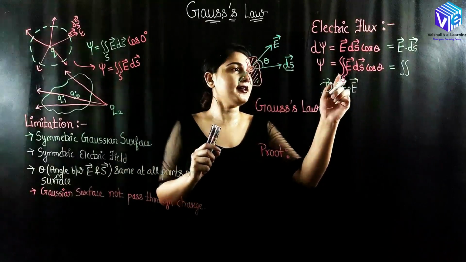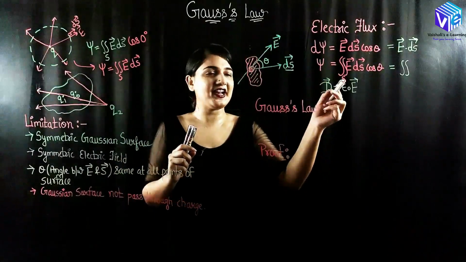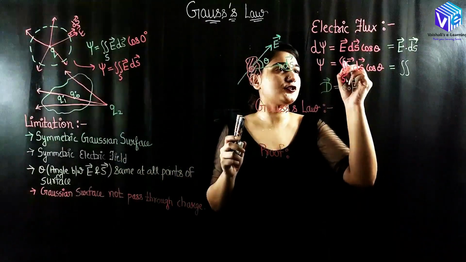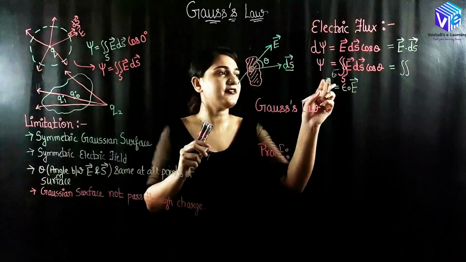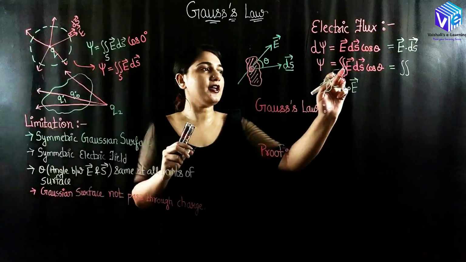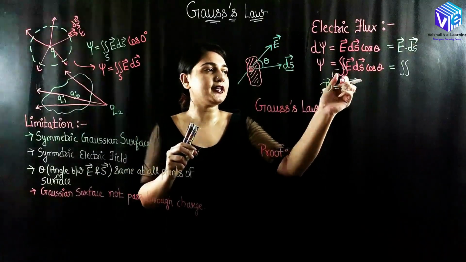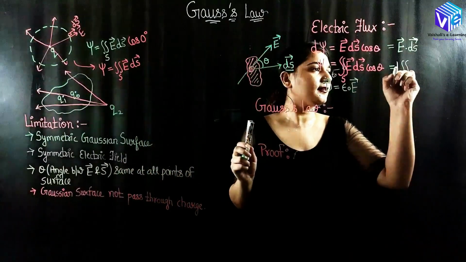Now if I multiply and divide by epsilon naught, so at the denominator also I have epsilon naught, then this epsilon naught E will give me D.